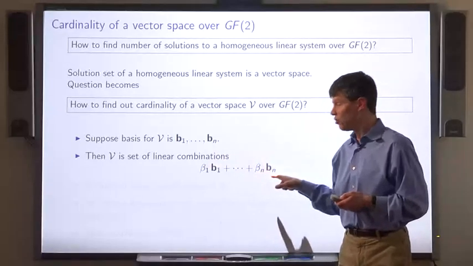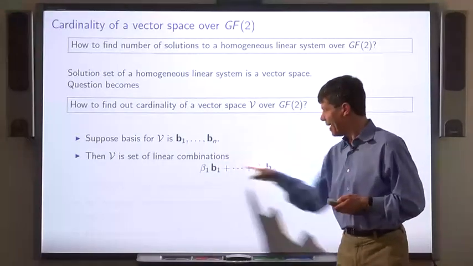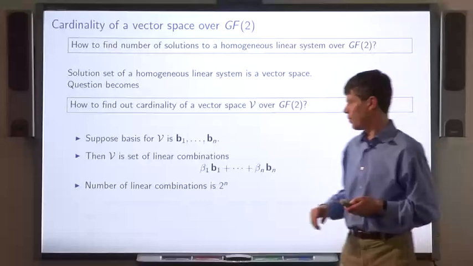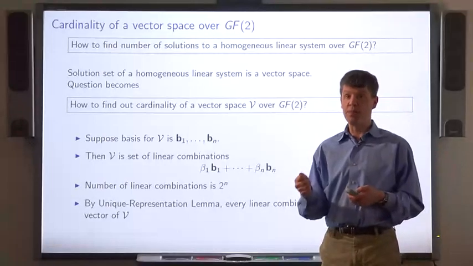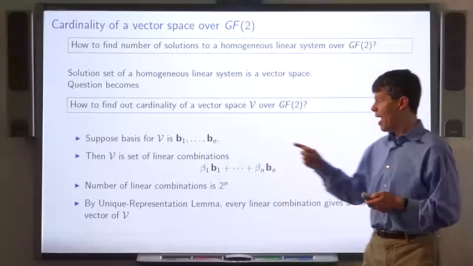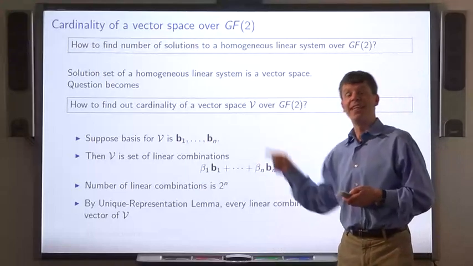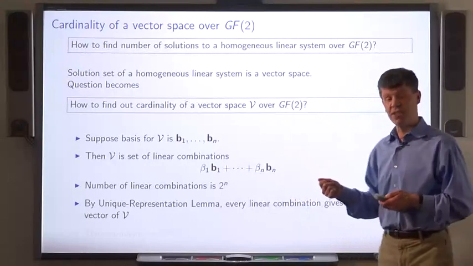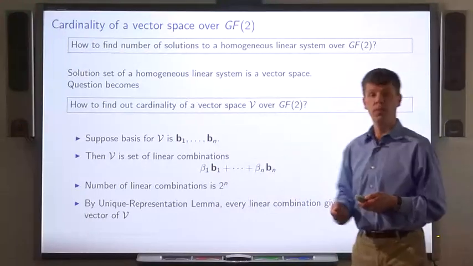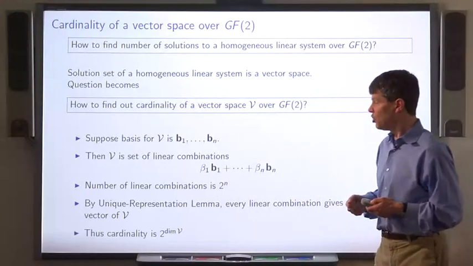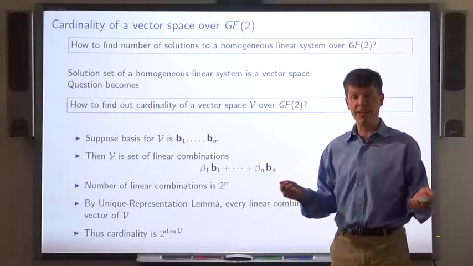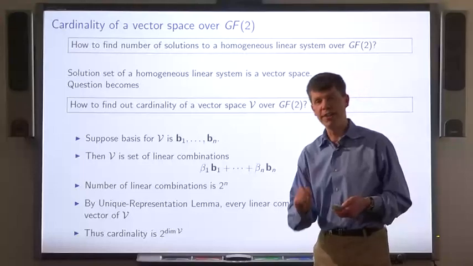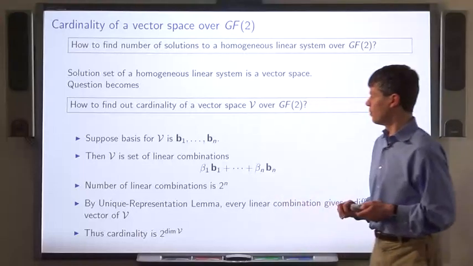The number of linear combinations is 2 to the n because there are n coefficients, each one can be 0 or 1. And by the unique representation lemma, every linear combination gives a different vector in the vector space. So the number of vectors in the vector space is also 2 to the n. So this shows that the cardinality of a vector space V is 2 to the power of the dimension of V.